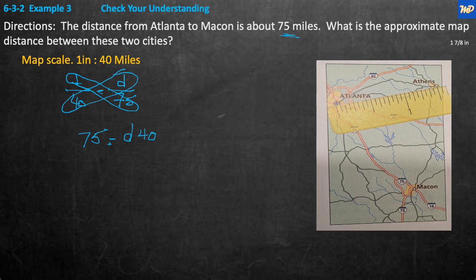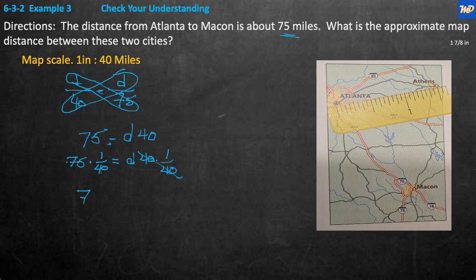Now we have to get the D by itself, which means we have to divide both sides by 40. We can multiply by the reciprocal, 1 over 40. I'll do that this time. So 75 times 1 over 40 is equal to D times 40 times 1 over 40. These 40s cancel. And now I have 75 divided by 40.